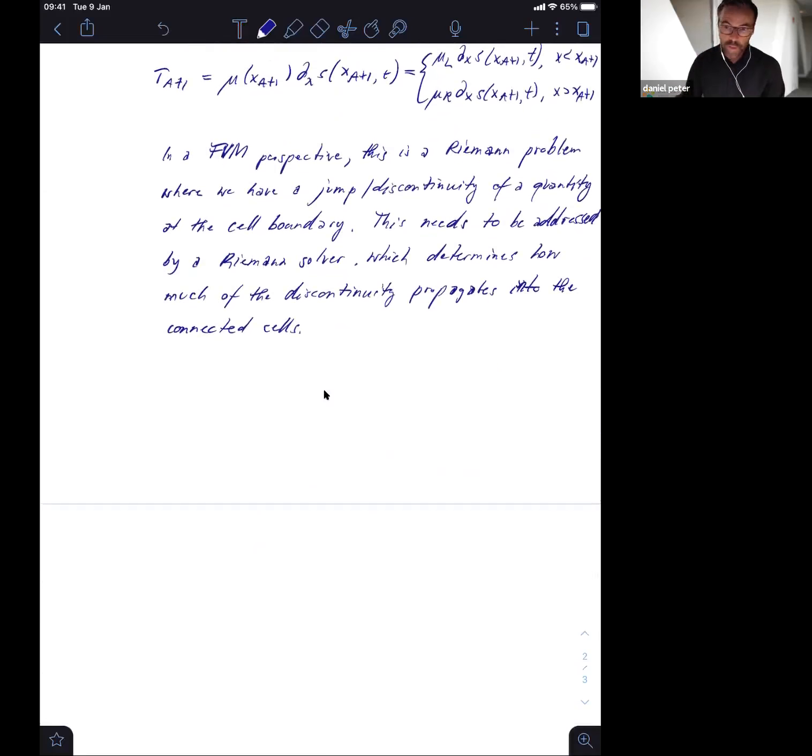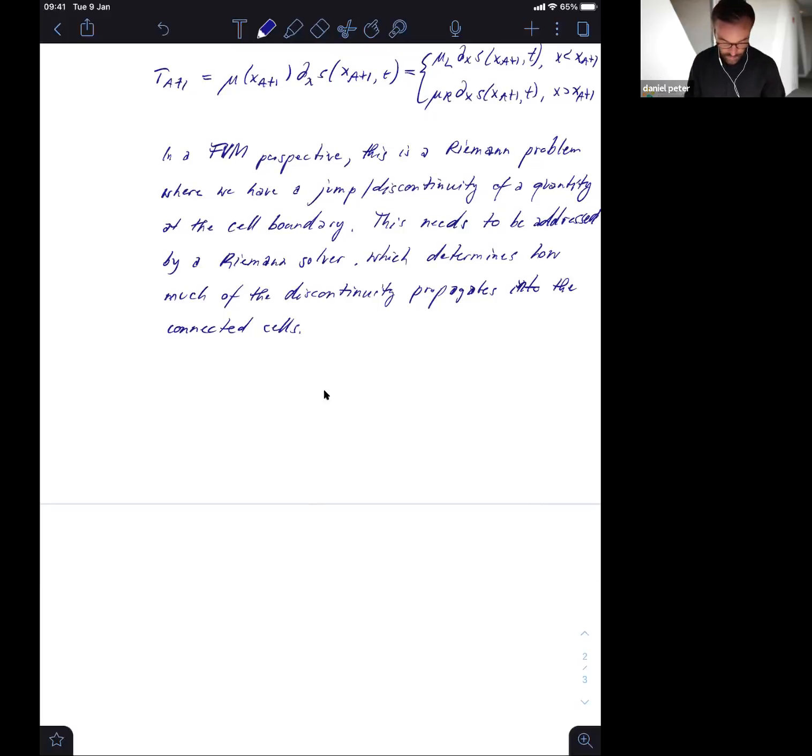And so there's quite a variety of these Riemann solvers available for finite volume methods. You can try and find an exact solution to the Riemann problem, or you can find approximations to it as well.